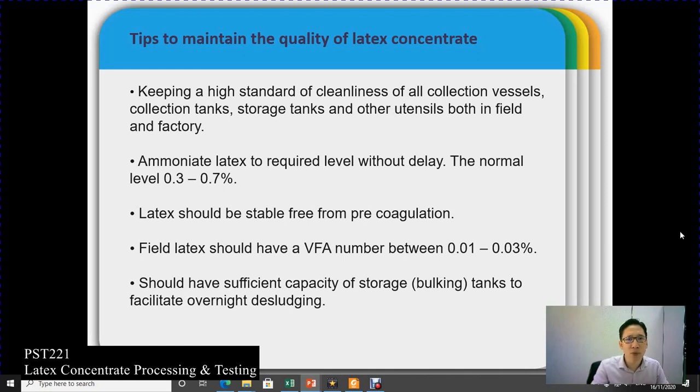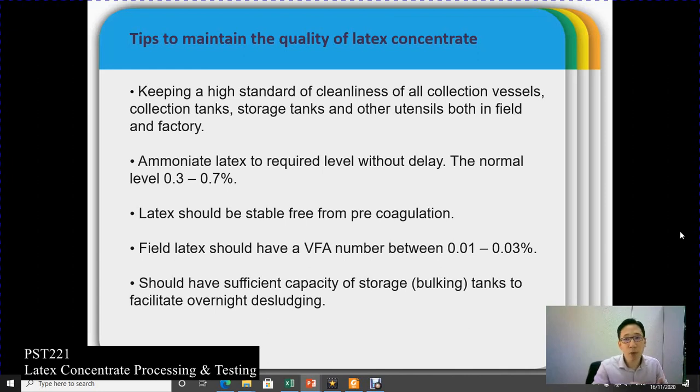Ammoniate latex to the required level without delay. The normal level is 0.3 to 0.6, depending on the type of ammonia that you use. For high ammonia it is usually up to 0.7, for low ammonia usually 0.3, depending on the final product you want to produce.